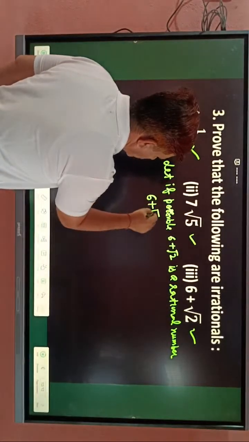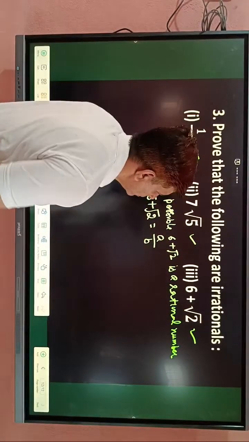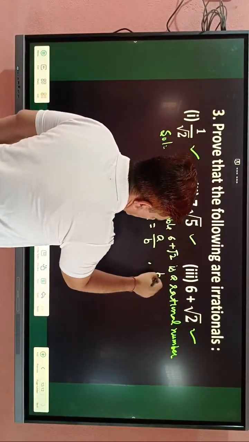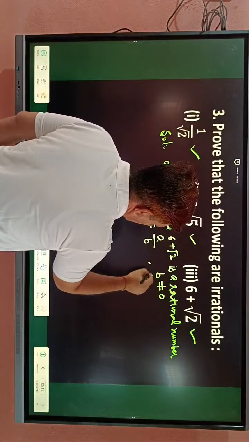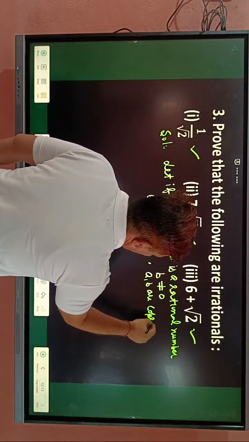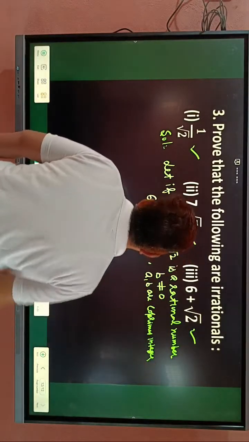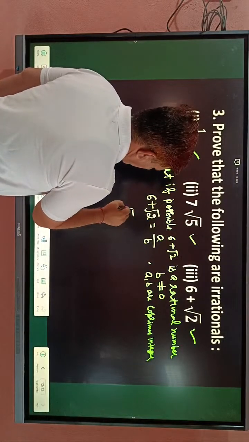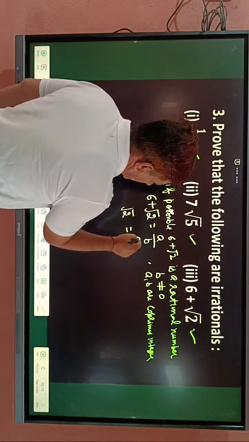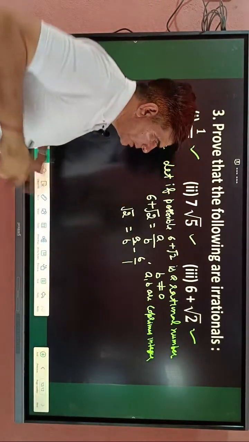6 plus root 2 is equal to, in the form of p by q. Here b is not equal to 0. a, b are co-prime integers. So we can write like this: a by b minus 6.